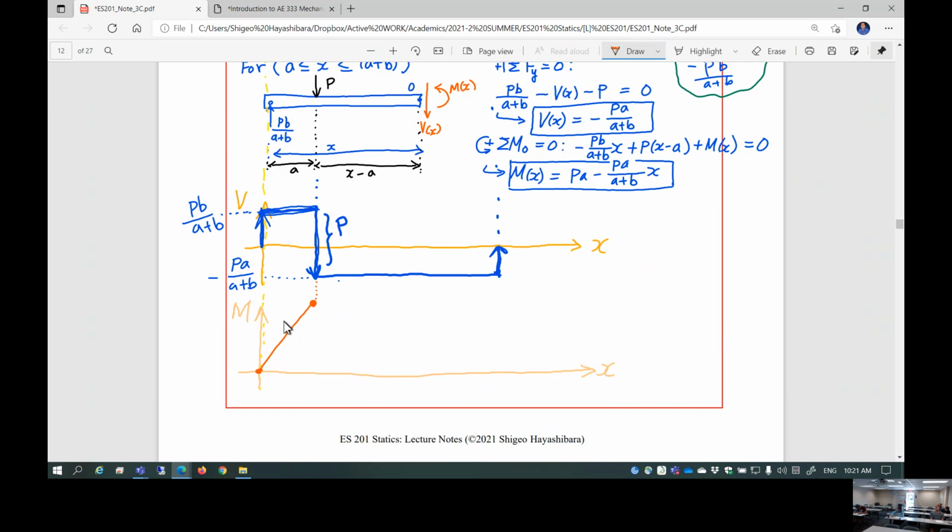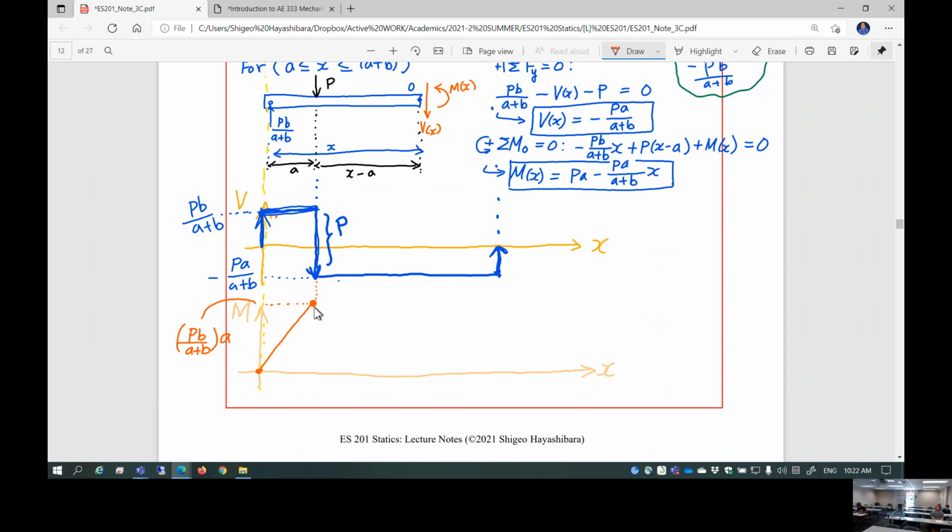Slope is PB over A plus B. So what is the value there? That's the area here. If you find the area, this is PB over A plus B times A, isn't it? So PB over A plus B multiplied by A is the value of the moment here. That is essentially this area.